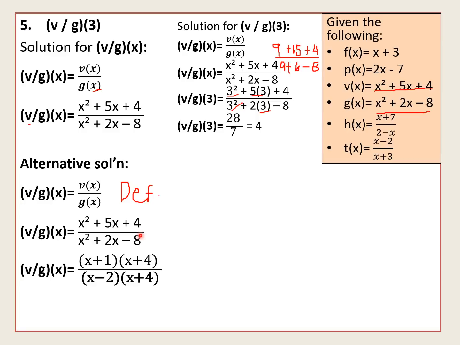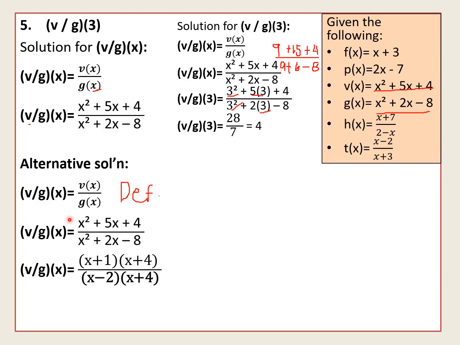That if the trinomial is factorable, you're going to do a trial and error method for you to be able to look for factors of the trinomial. This is a trinomial, this is a trinomial, and look for factors of the trinomial.